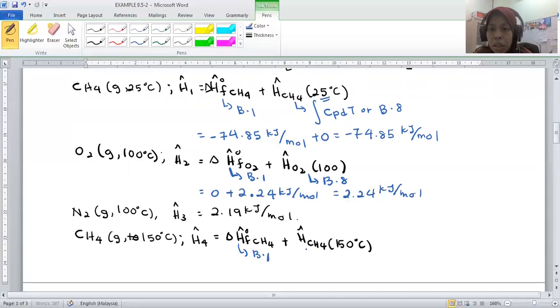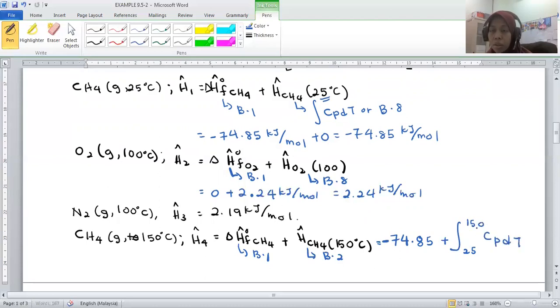So methane is not available as a substance in table B8, so you need to refer to table B2. Negative 74.85, plus the integration from 25 to 150 of Cp dt.